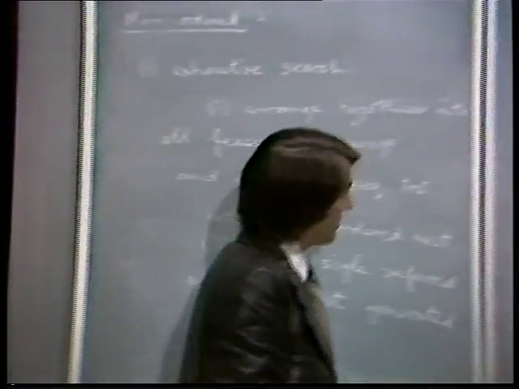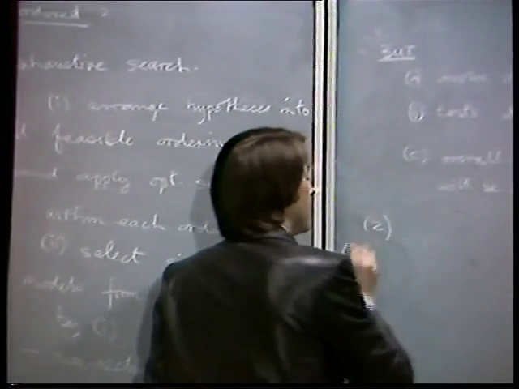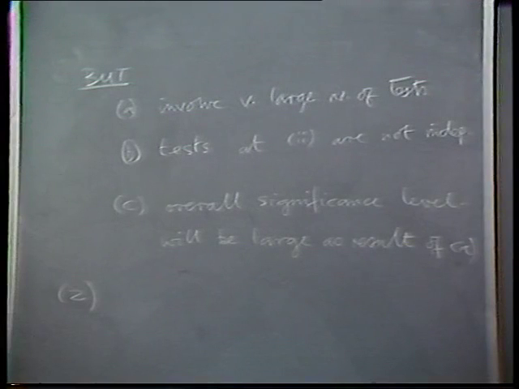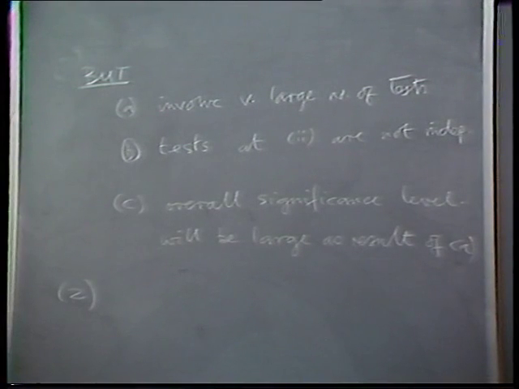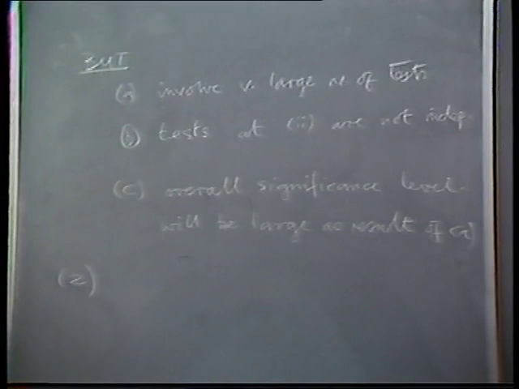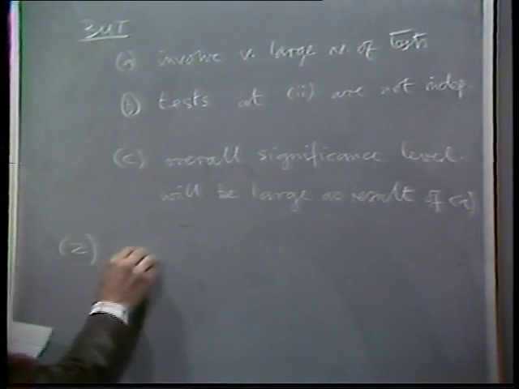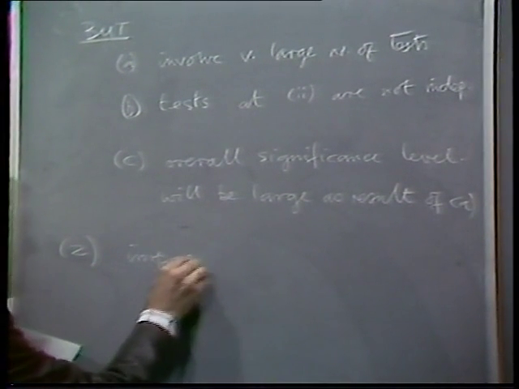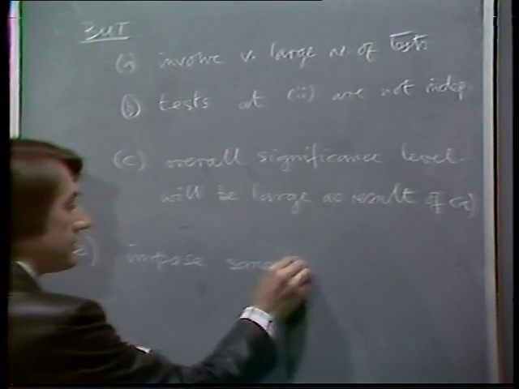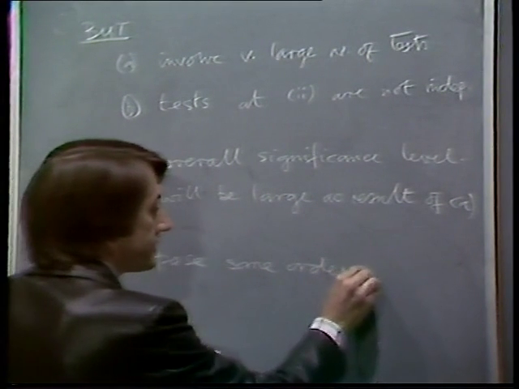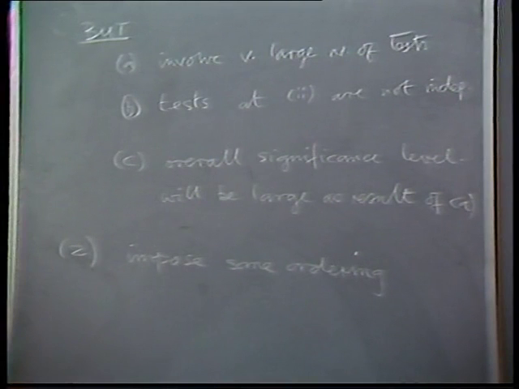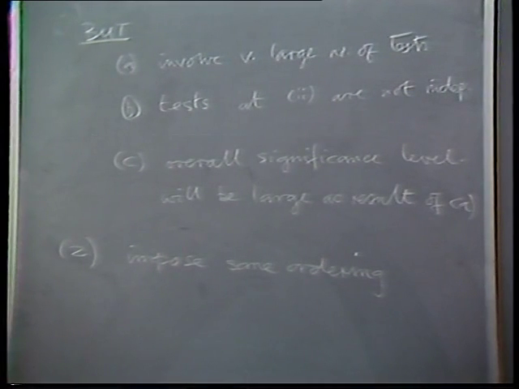Well, another possibility, and the one that I would most strongly recommend for non-ordered nests of hypotheses, is that although the problem as originally specified doesn't have an ordering, you impose an ordering on it using your prior information about the problem.